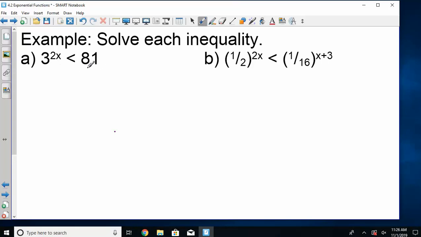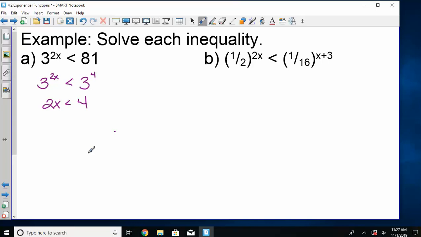If I'm looking at this one, what would my common base be? 3. Okay. So 3 to the 2x is less than 3 to the 4th. Same base on each side, so you can drop it. The inequality just is like your equal sign. It's just going to trail along.